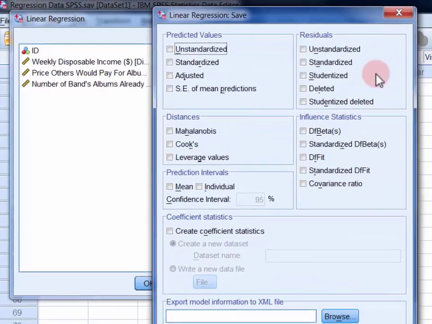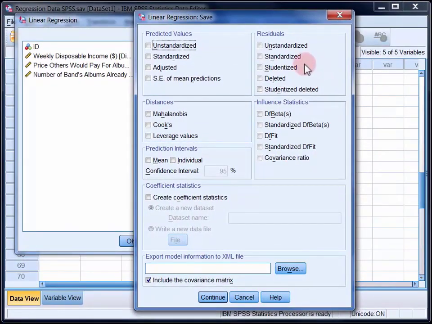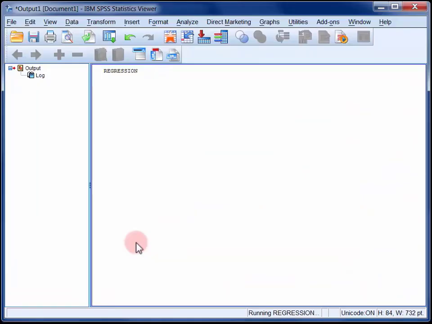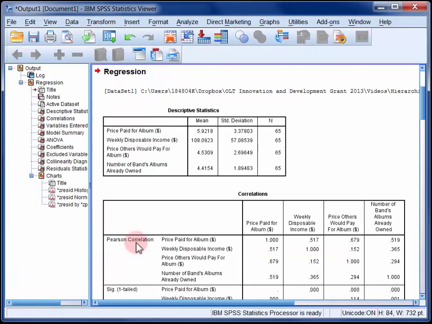And finally, in the Save dialog, select Standardized under Residuals and Mahalanobis and Cook's under Distances. Click Continue and then click OK, and your output will appear in the SPSS viewer.